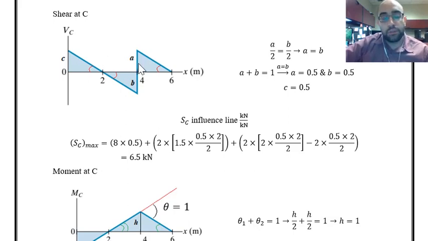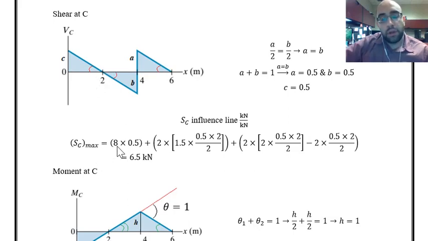The concentrated moving load should be only applied at this place to get the maximum influence of it as the shear at point C. And the dead load is applied in the whole length, and we cannot change that.